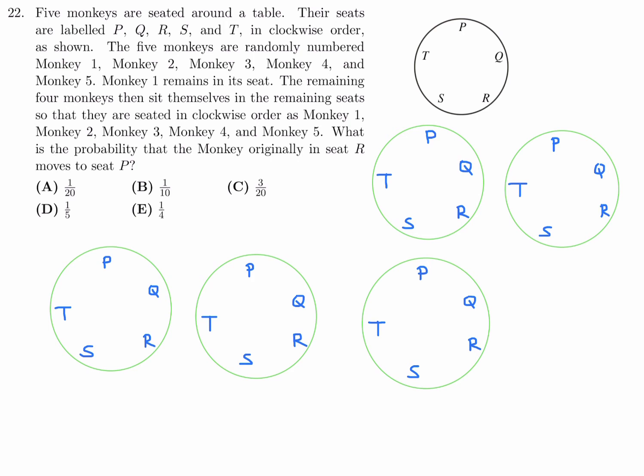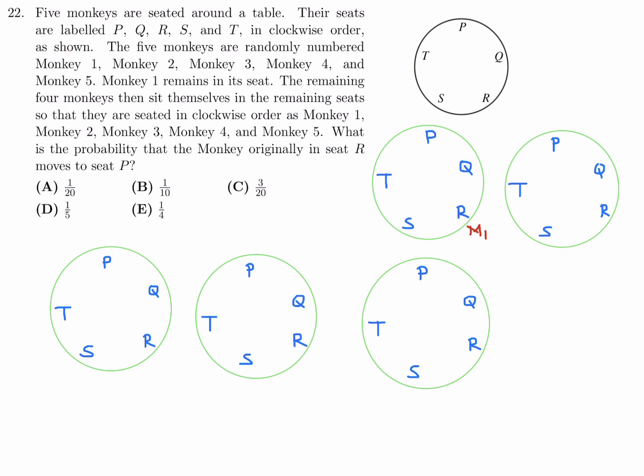If monkey number 1 is at position R, then because he remains in his seat, nobody is actually moving to seat number P. Normally there has to be a rearrangement, but he's going to stay there, so the guy in seat R doesn't move.